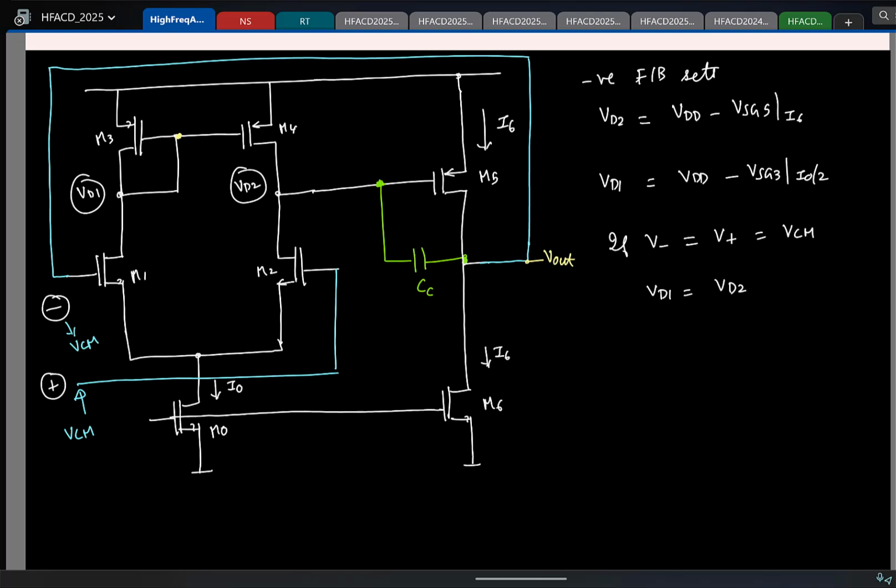Okay, but let us say by design I choose VSG5 at a current I6 to be not equal to VSG3 at a current I0 by 2. I see that VD2 depends on VDD minus VSG5. VD1 depends on VDD minus VSG3. If I choose these two VSGs to be not equal, what can you say about VD1 and VD2? They will not be equal.